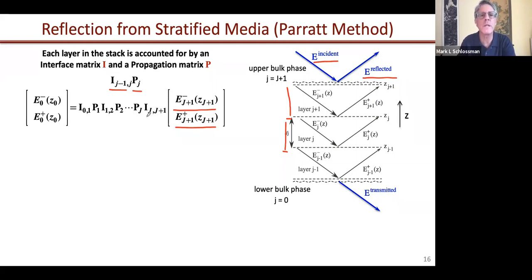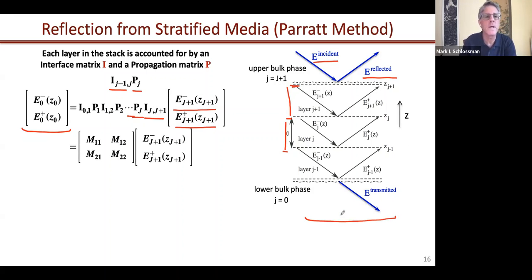We have to go through this interface first, then we propagate, then we go through an interface, propagate, interface, propagate, and that gets us down to these fields, and these fields represent the fields in the lower bulk phase. And so these are just a whole bunch of matrices. You multiply them all together, you get another matrix, which I'll call the matrix M. And that's basically the entire calculation.